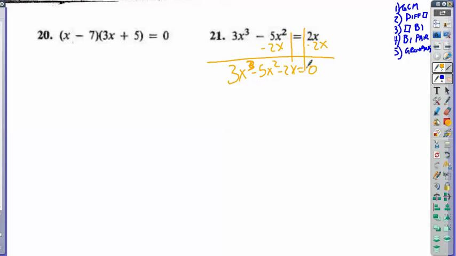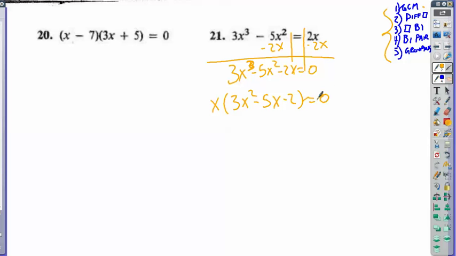So then I have to go through my factoring checklist. I need to find a greatest common monomial, because I do have one in this case. x goes into all of them, so I can factor out my x. 3x cubed divided by x is 3x squared, minus 5x squared divided by x is negative 5x, negative 2x divided by x is negative 2.